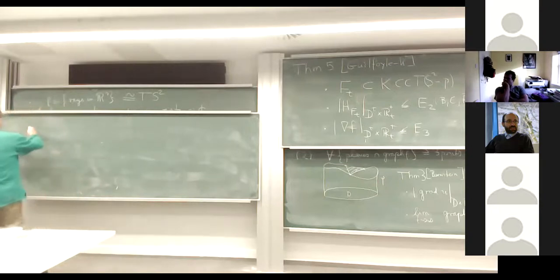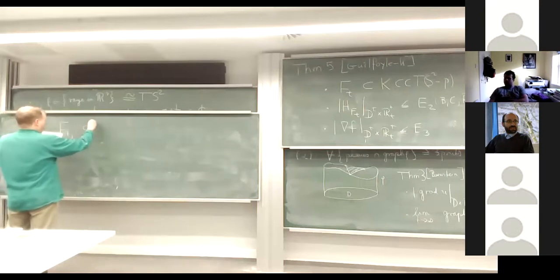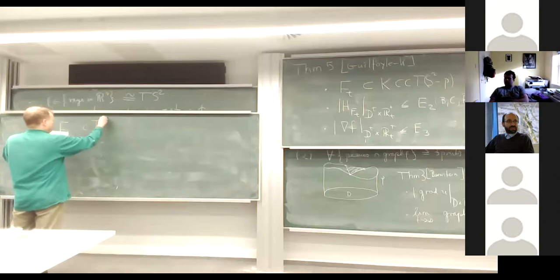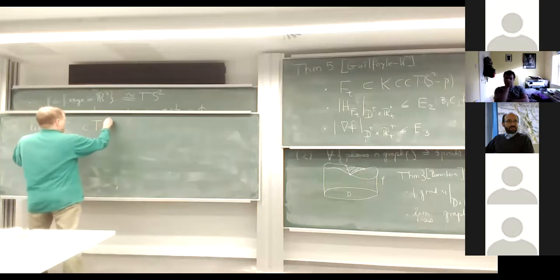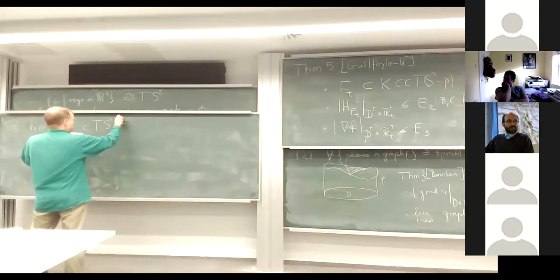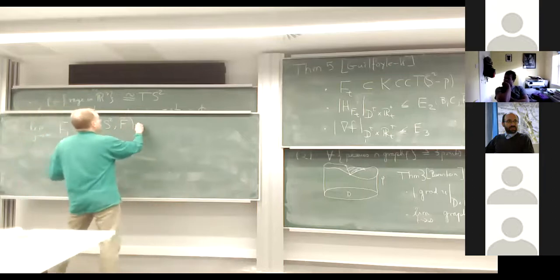Next bullet point, it didn't fit there anymore. There exists a sequence of times tj going to infinity, say the surfaces F_tj, these will all be surfaces with boundary in TS2, with f tilde the fixed boundary, is holomorphic.